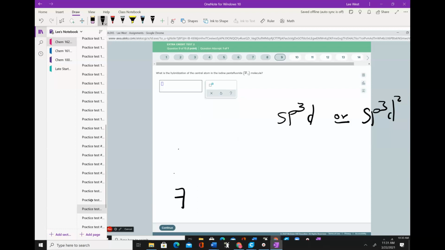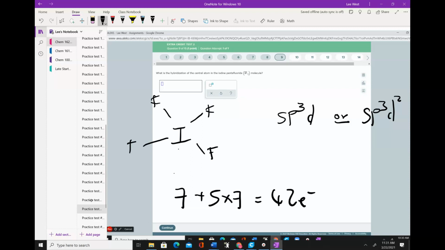So what have we got here? 7 valence electrons for the iodine, and then 5 times 7 for the fluorine. So 5 times 7 is 35, plus another 7 is 42 electrons. So now we've got iodine in the middle with the 5 fluorines attached. To make those 5 single bonds is going to use up a total of 10 electrons.